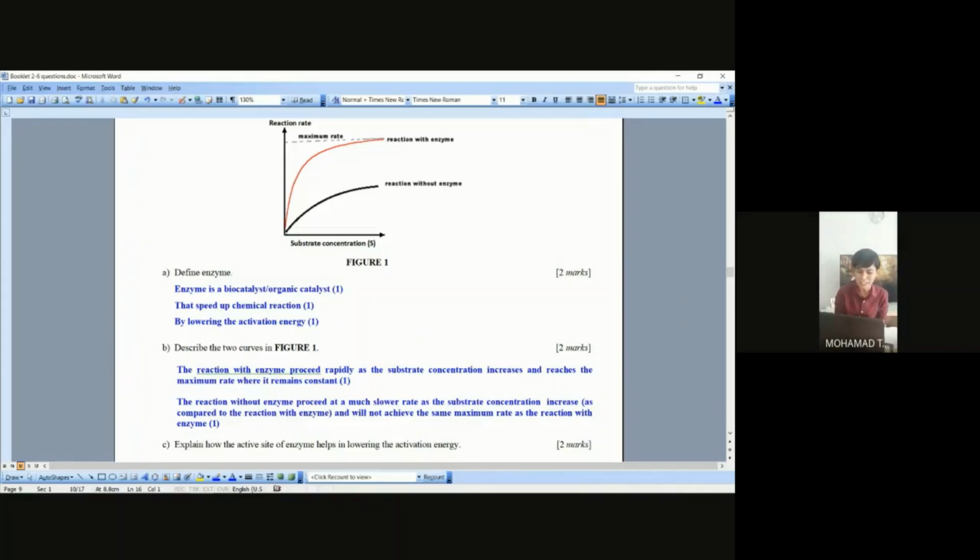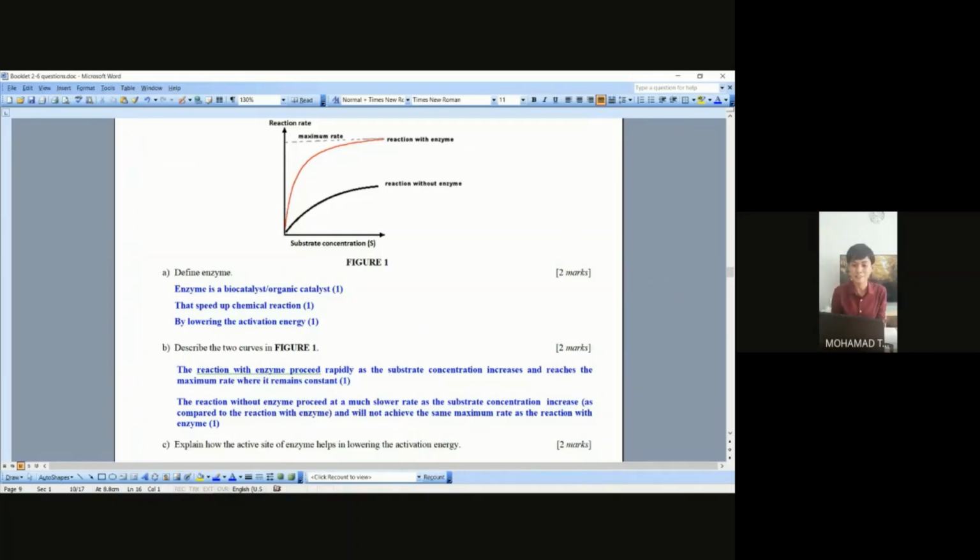For example, the reaction with enzyme proceeds rapidly as the substrate concentration increases and reaches maximum where it remains constant. Even without learning biology, you know that if it's a graph for rate of reaction, the speed of rate of reaction is shown by the steepness of the curve.